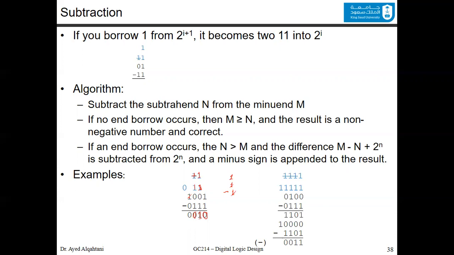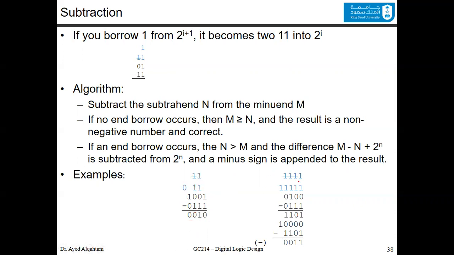And this one, we already took it out, and we borrowed it. So now we have 0 minus 0 is equal to 0. You can see that we did not take from this position. We don't have any number here. So we didn't take anything from here. So it's 0. This means that the result here is correct, which is 9 minus 7 is 2.